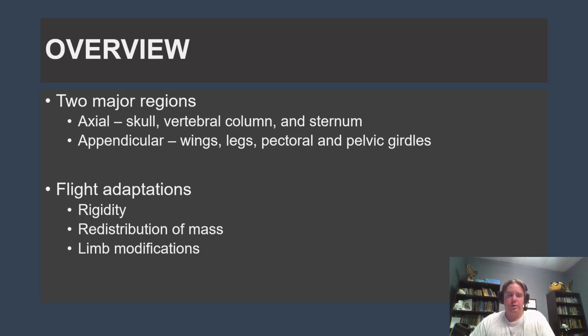And it shows really three major adjustments across different taxa and in general for all birds. And they're all related to flight. And those are rigidity, the redistribution of mass throughout the body, and various modifications to the limbs for terrestrial locomotion and flight.